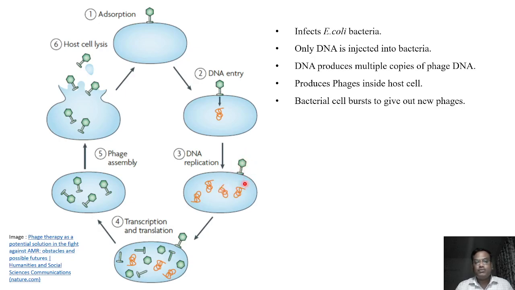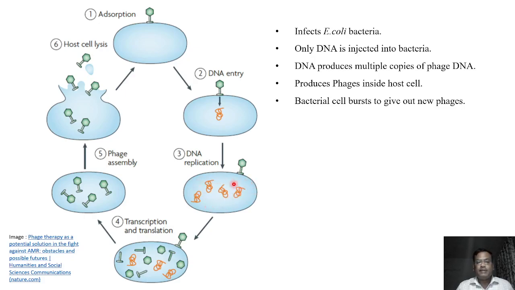So all the genes which are required for the synthesis of phage particles are present in this DNA. But for the synthesis of phage particles, it is going to use the resources of the bacteria. That is the thing. So DNA is phage DNA, but the nucleotides, the proteins, enzymes, etc., it is going to use from the bacterial cell.